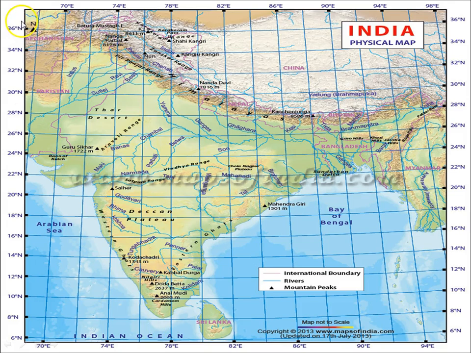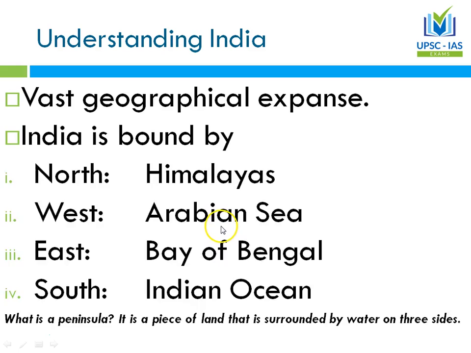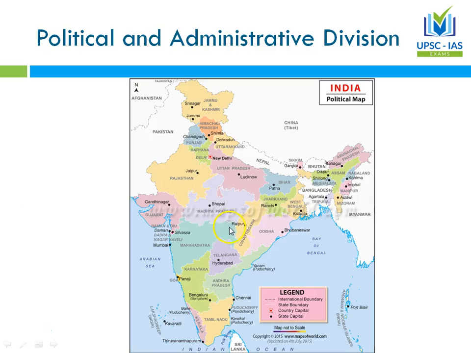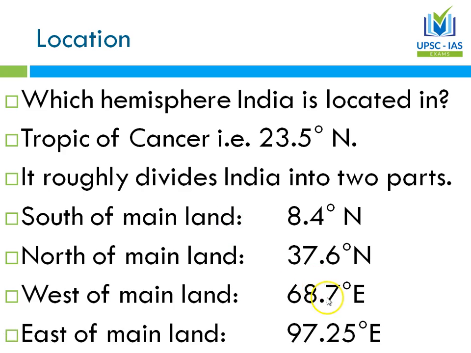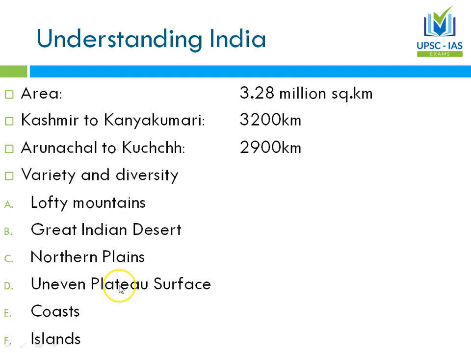The northern bit is 36 plus, somewhere over here 37, so this is the top bit of our country. The western extent is 68. Here we go, let's quickly verify that number, 68.7, and the eastern part is 97.25.